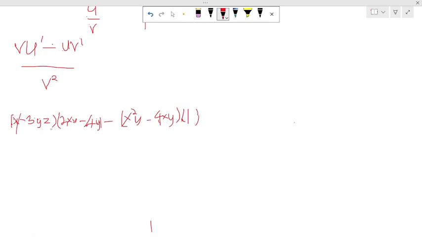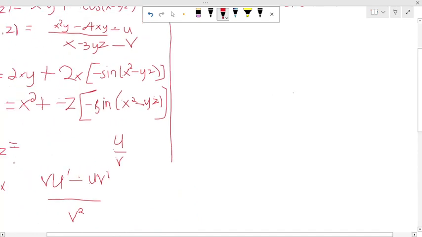So all this expression is divided by v squared, and v is x minus 3yz, all squared.